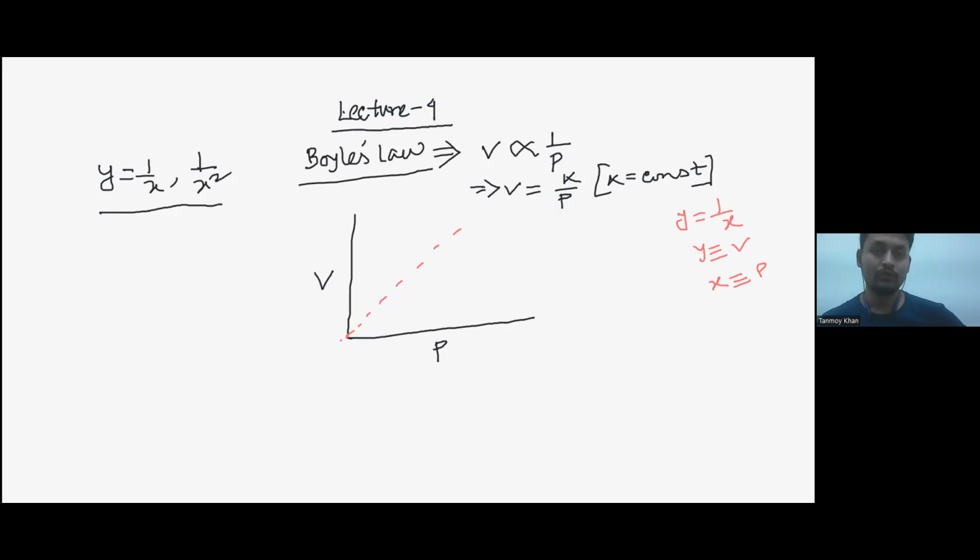Let's say this is your point. This is where it is 1. So the plot will obviously intersect y is equal to x at x is equal to 1. Now whenever P tends to 0, V will tend to infinity, right? And whenever P tends to infinity, V is equal to 1 by infinity, that means it will be 0.